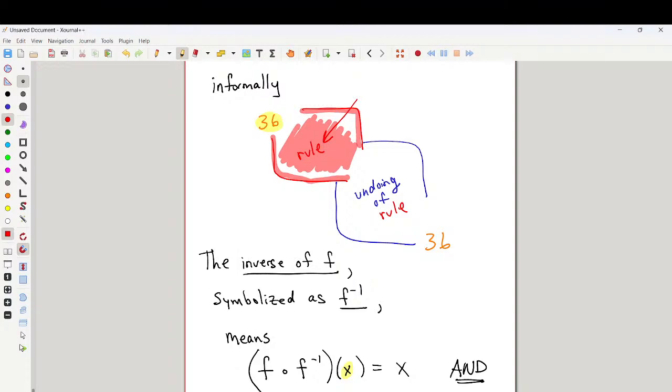And so you get an output. And then we composed it with G, the undoing of that rule. And so at the end of the day, you get right back what you started with. 36 stays 36.